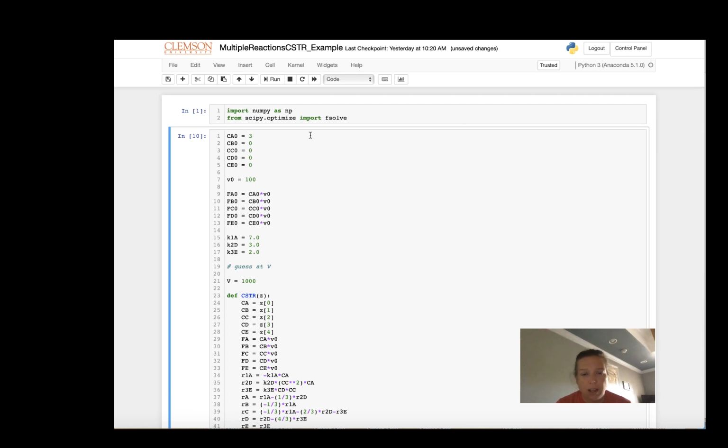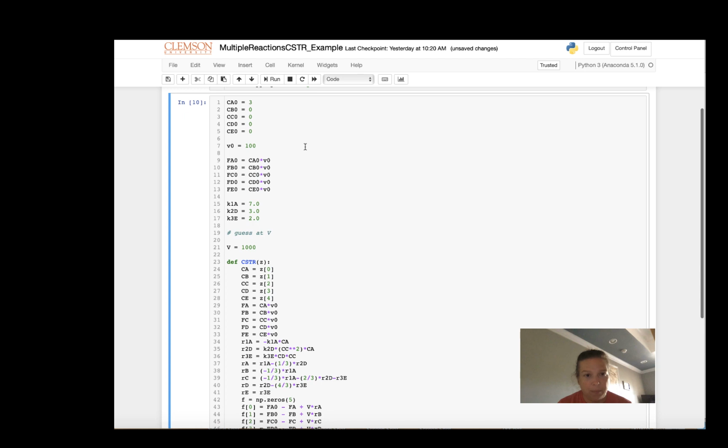As usual, I'm going to initialize the different packages I need by pushing Shift-Enter here. Now in this problem, we've set up the general variables, so the initial concentrations that are being fed to the CSTR. We said that A was fed at a concentration of 3 molar, but nothing else is fed.